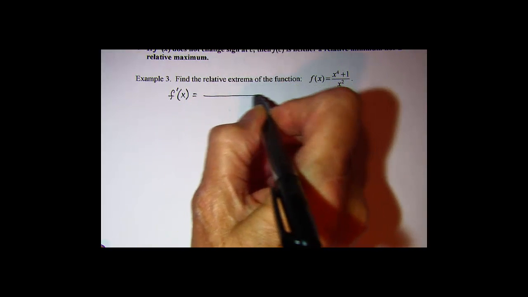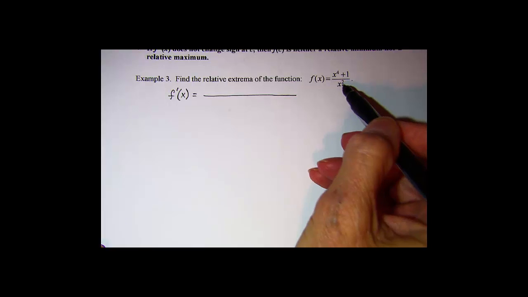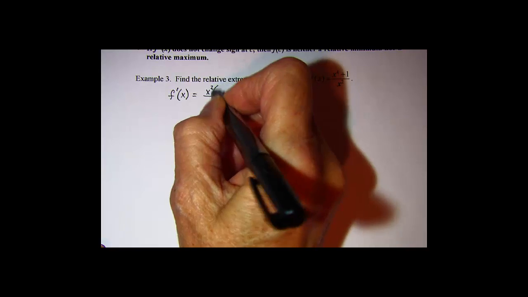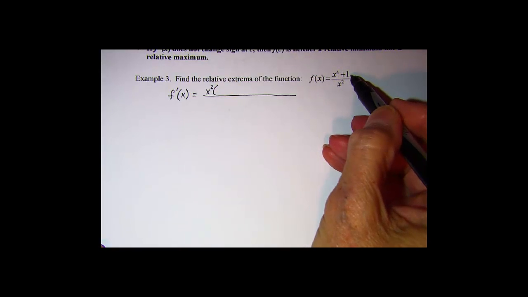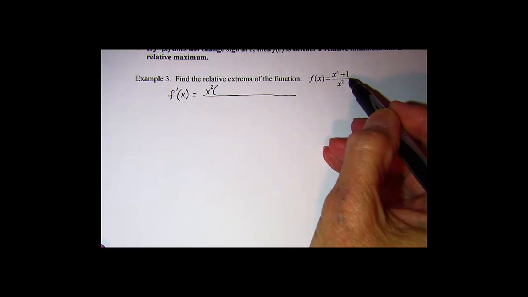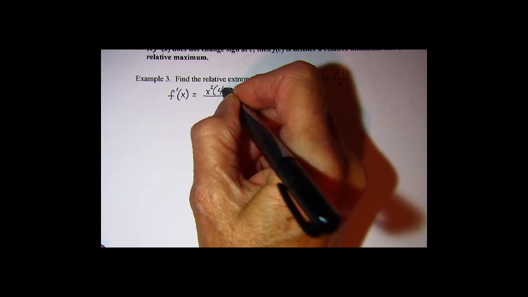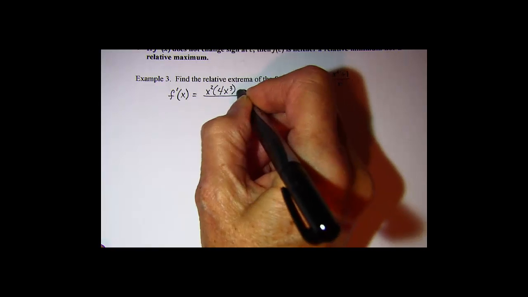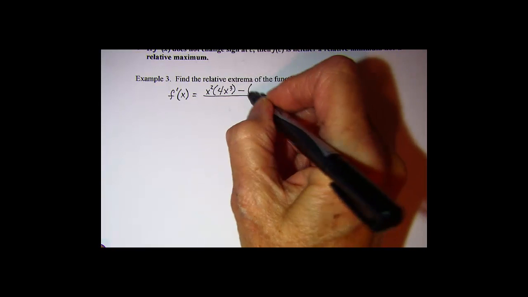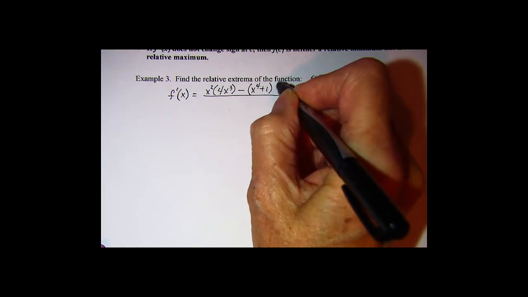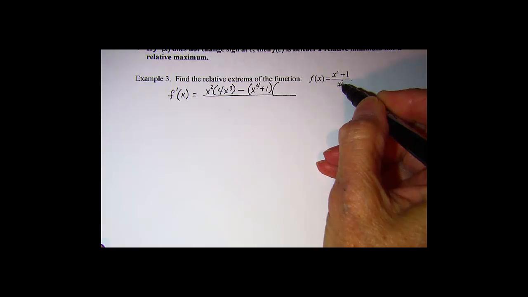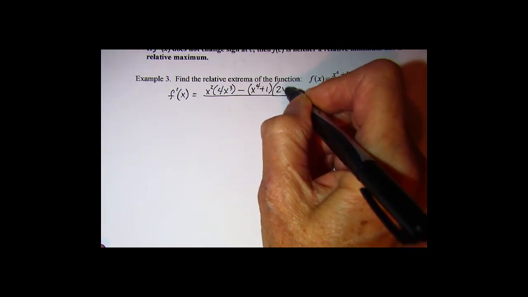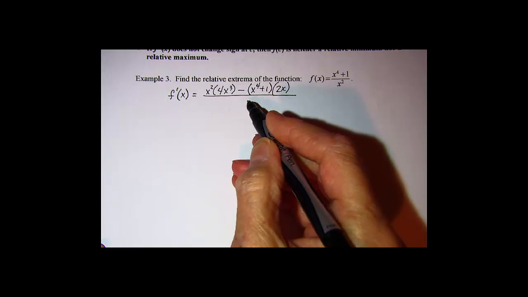So our derivative is, we'll use the quotient rule, x squared times the derivative of the numerator, which is 4x cubed, subtract the numerator times the derivative of the denominator, and that's all divided by the denominator squared.